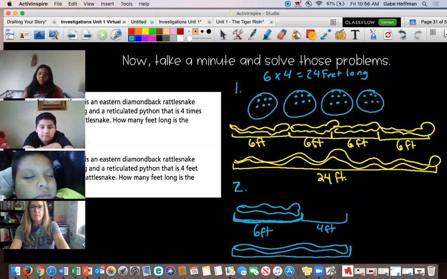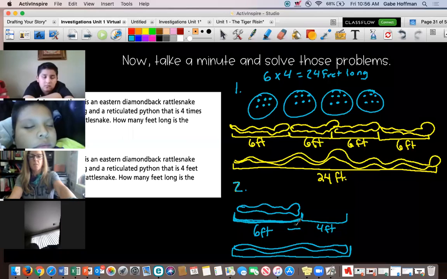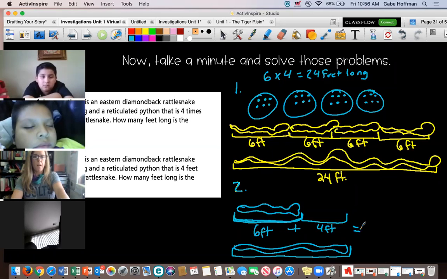We did a drawing where we showed we had a rattlesnake that was 6 feet and we added 4 feet to it. So we're not multiplying for that rattlesnake. What are we doing, y'all? Adding. We're adding 4 feet, right? We're saying this one's 6 feet. We're adding 4 more feet onto it to get our total of how many feet, Jay? 10 feet. 10 feet. So in that second one, that python is 10 feet long.